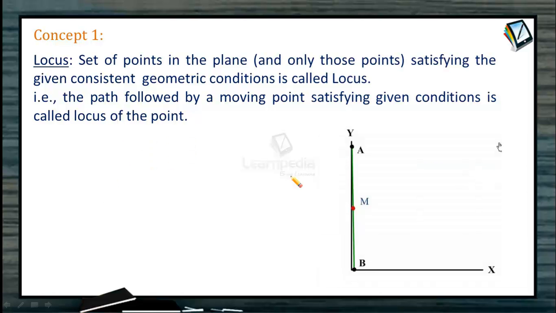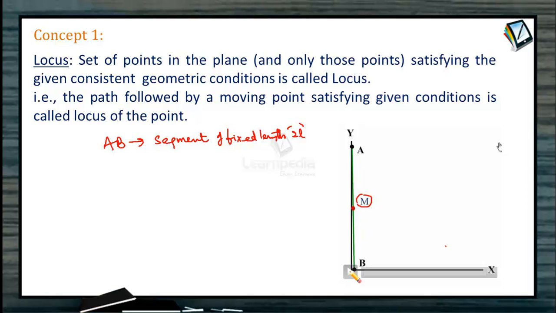We shall look at another situation. There is a line of fixed length, a segment of fixed length. Let's say AB is a segment of a fixed length. Let's call it 2L. As this AB moves such that A is along y-axis and B is along x-axis, we try to observe the movement of the middle point of this segment AB. So here we go.